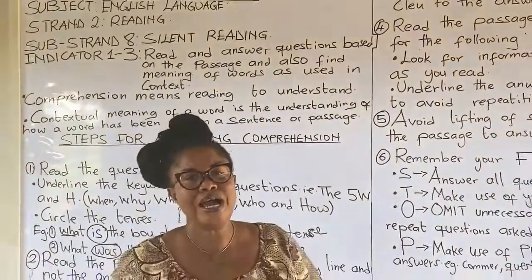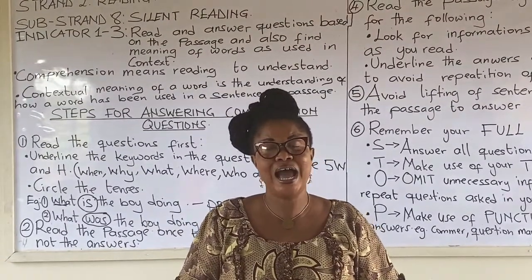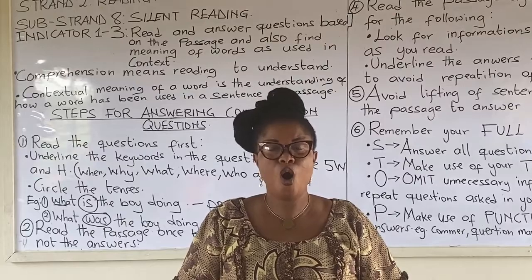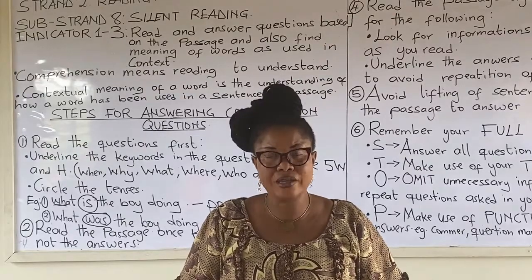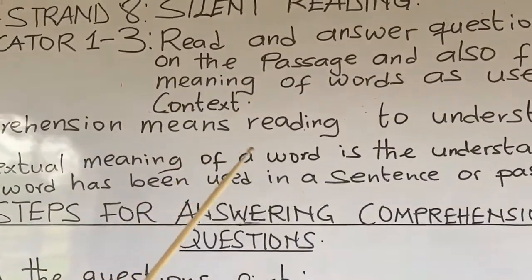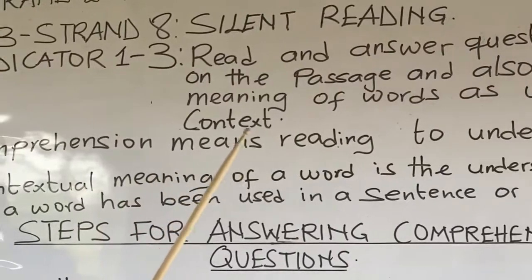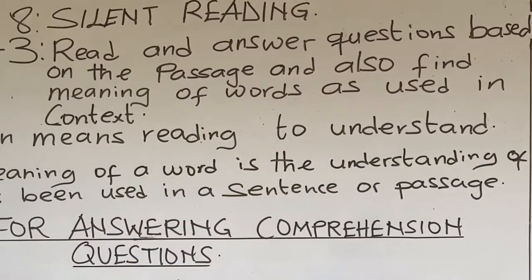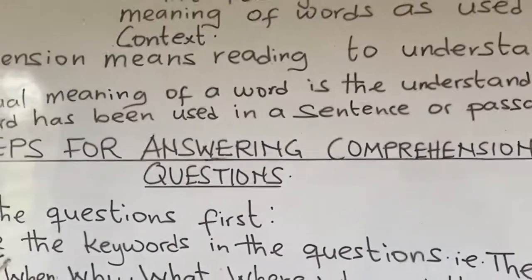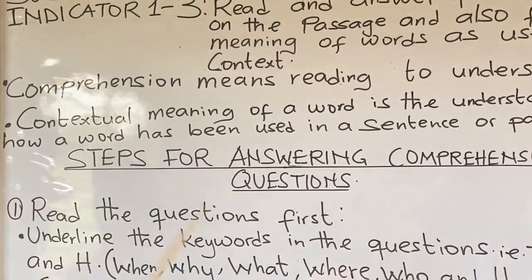Now, we are going to look at the two words here, comprehension and context, or words in context. Comprehension means reading to understand. Now, when we say contextual meaning of words, what do we mean?